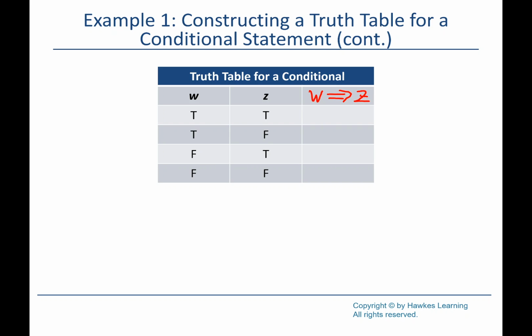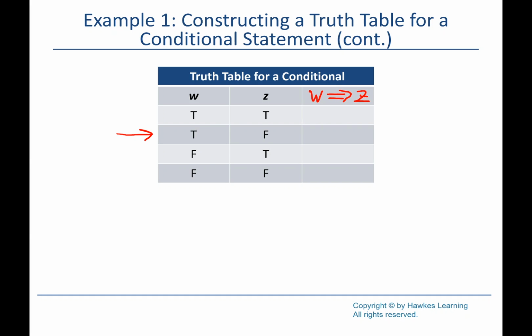So our rule, if I'm filling this table out, I think about our rule for conditionals: the only time a conditional statement is false is if the first part is true and the second part is false. And so on our table, that only happens one time. That only happens on that row, right?